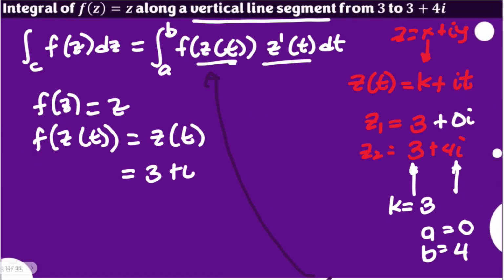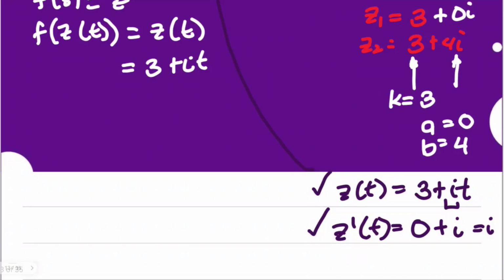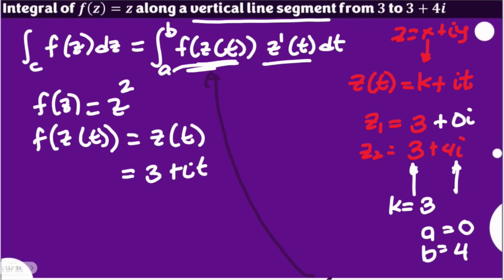However, take note, for other situations, if this was z squared, it doesn't mean that you can automatically substitute z of t as it is. No, you still need to square that if it's z squared. But since our given is already z, we can have it as itself.